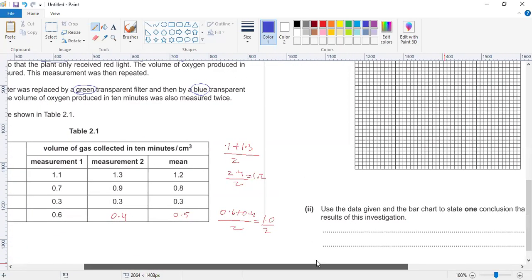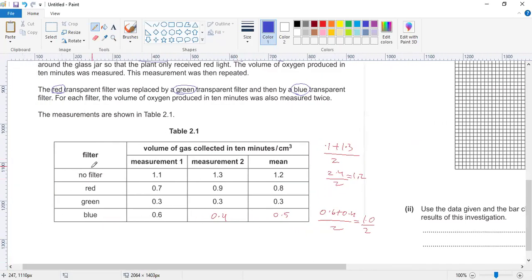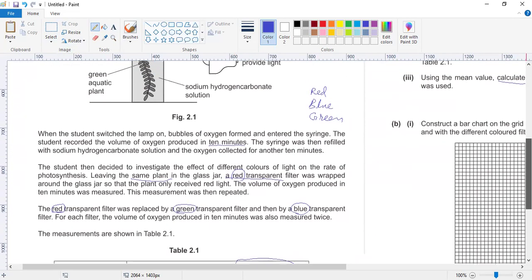Here in the table, when no filter was used, the mean value was 1.2. So what to do with this value? And it was in 10 minutes. This table is when we have taken this volume in 10 minutes. So in 10 minutes, the volume of oxygen gas collected is 1.2.